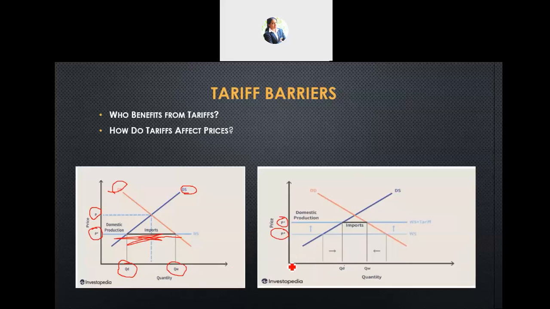So if we compare QD of the first diagram to QD of the second diagram, there has been an increase. The overall effect is a reduction in imports, increased domestic production and higher consumer prices.